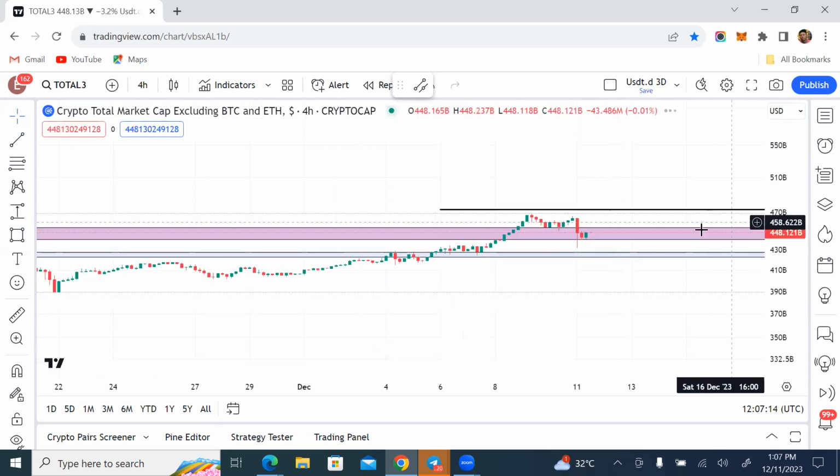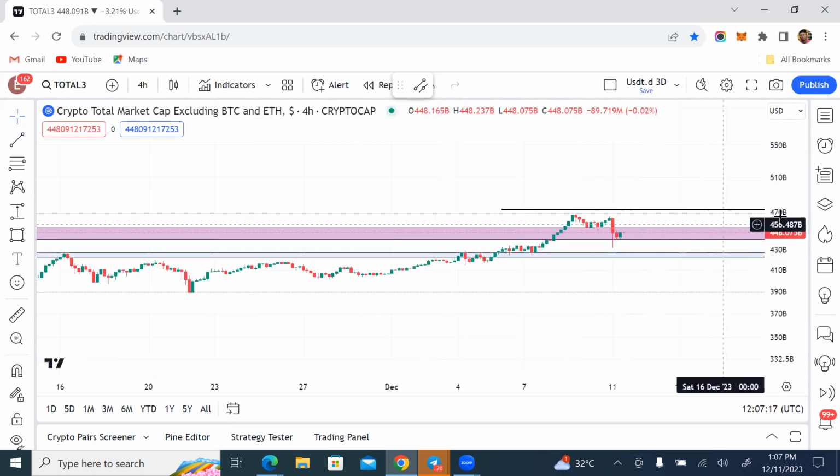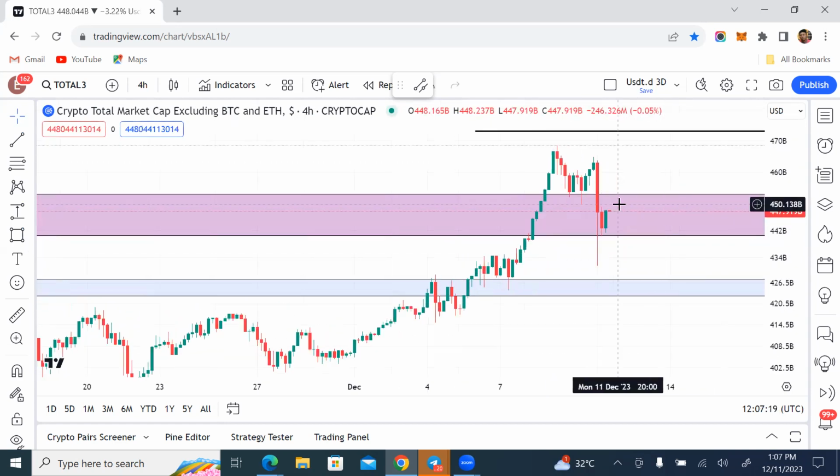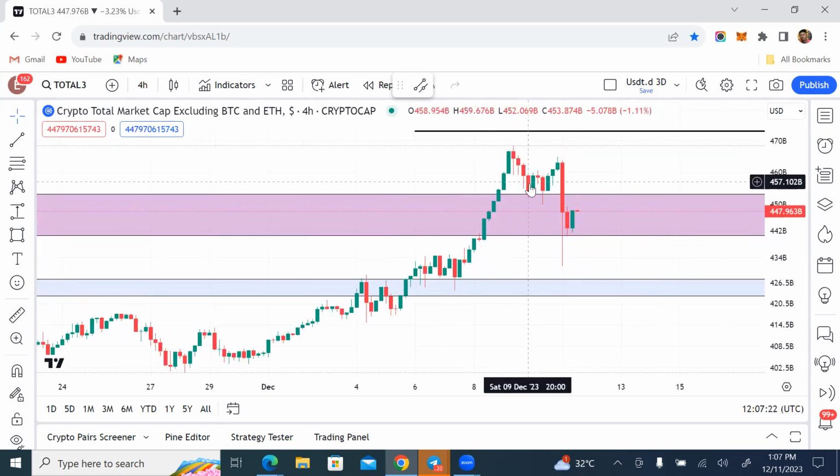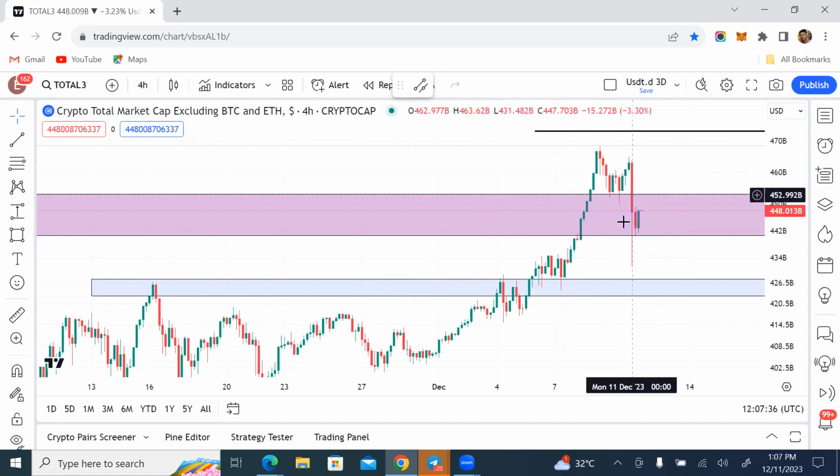So let's go to the 4-hour time frame and see what exactly is going on. You can see we're already having some level of rejection. We're having an M pattern, all right, we're having an M pattern already. This is signifying that there is some level of rejection going down.